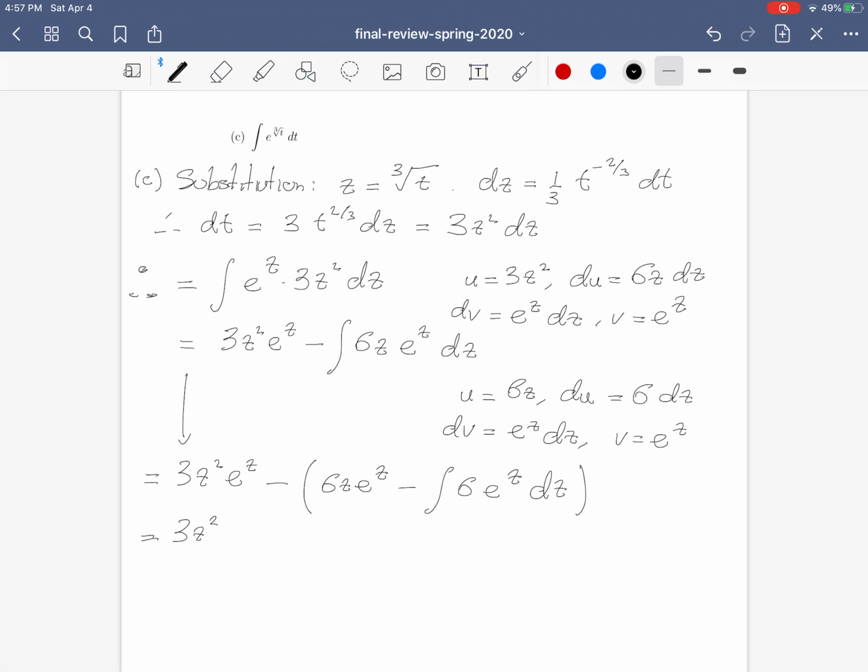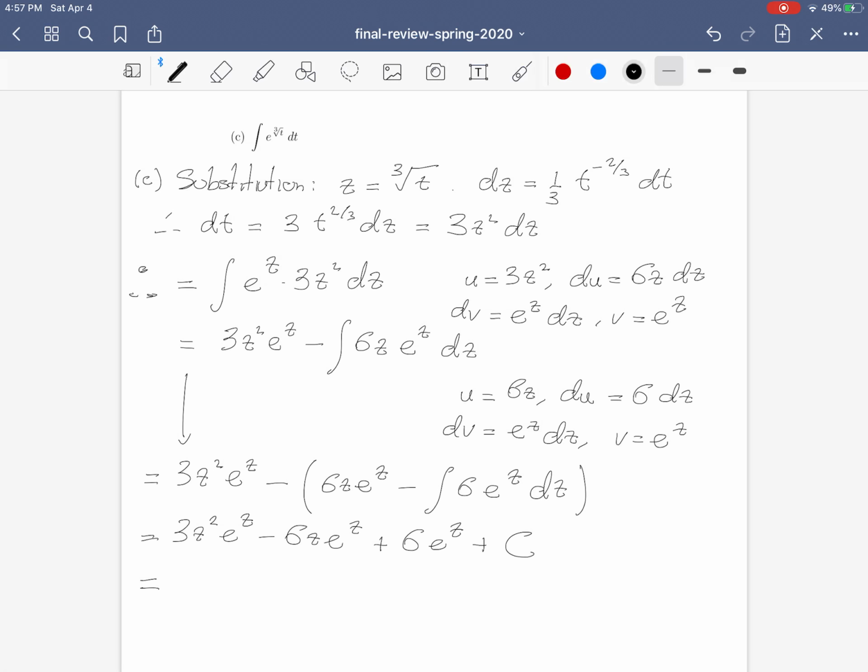So what do I have? I have 3z squared e to the z minus 6z e to the z plus the integral of 6 e to the z, which is just 6 e to the z plus an arbitrary constant.